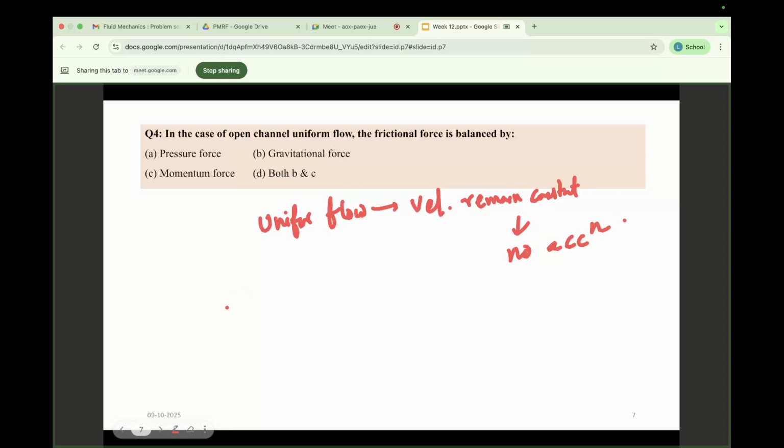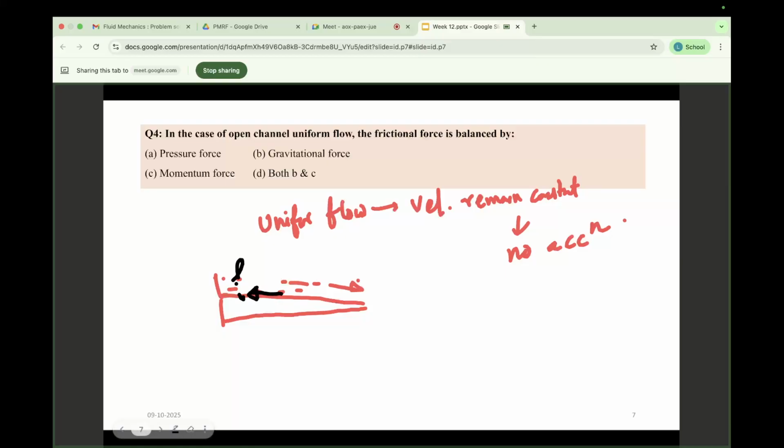So in a river, say this is the flow. If the liquid is flowing in this direction, there is friction along this surface.